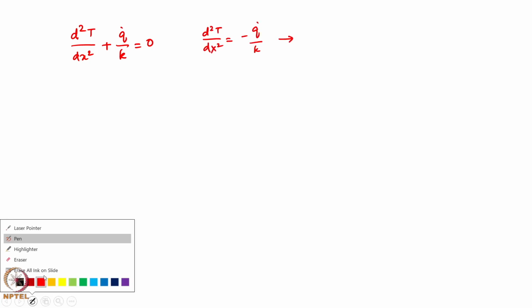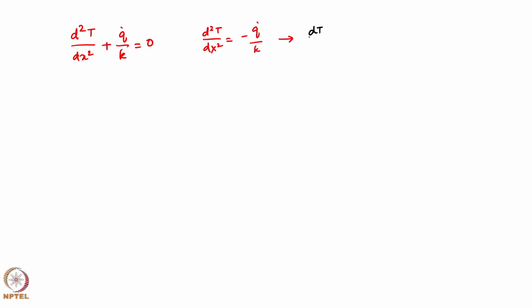So, 1D: d²T/dx² plus q dot by k equal to 0, that is my governing equation. So, d²T/dx² equal to minus q dot by k. If I integrate once, I get dT/dx is equal to minus q dot by k x plus C1.